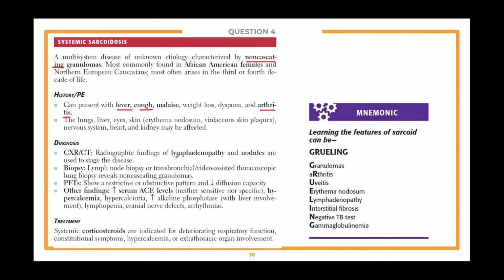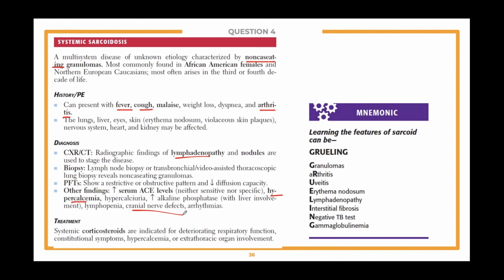Okay. Other findings: hypercalcemia like our patient, elevated serum ACE levels as well. And importantly, cranial nerve defects are other findings you can have, okay? The reason is that in sarcoidosis, those granulomas can affect cranial nerves. They can affect any nerves.